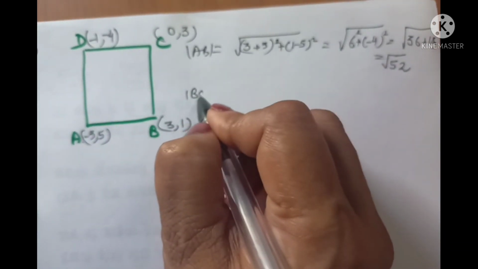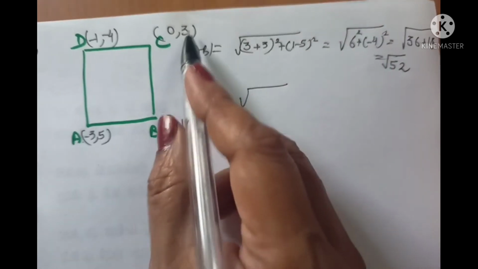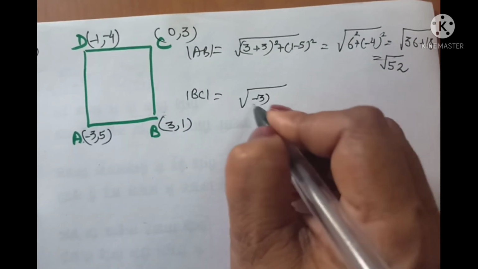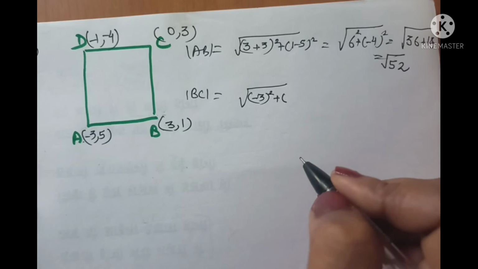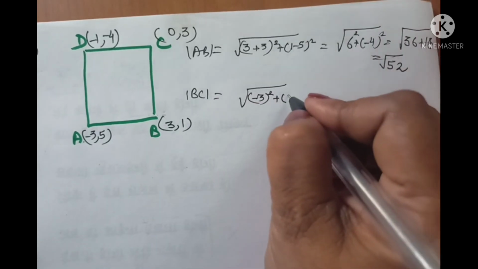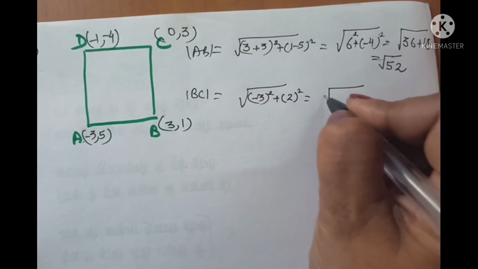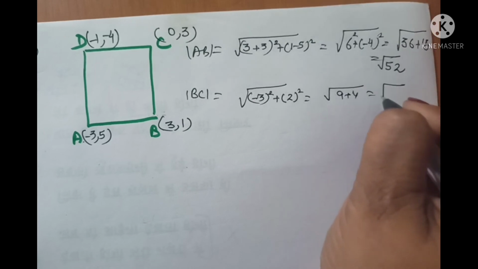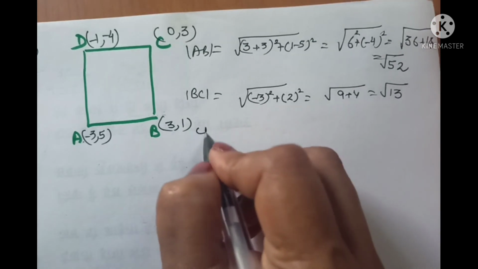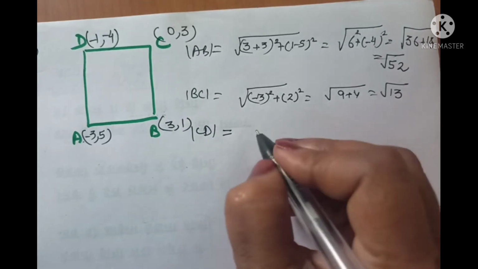Find out BC. Square root of (0 minus 3) square, that is (minus 3) square. I am skipping a step here. (3 minus 1), 2 square. So this gives you 9 plus 4, that is root of 13. Let's find out CD.